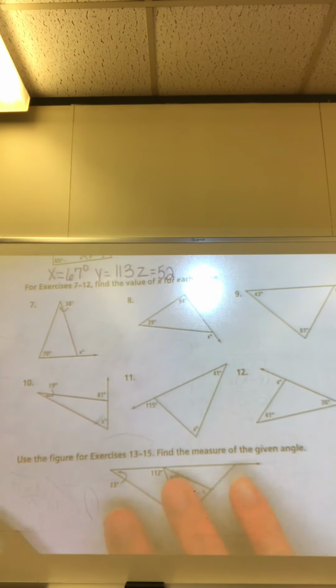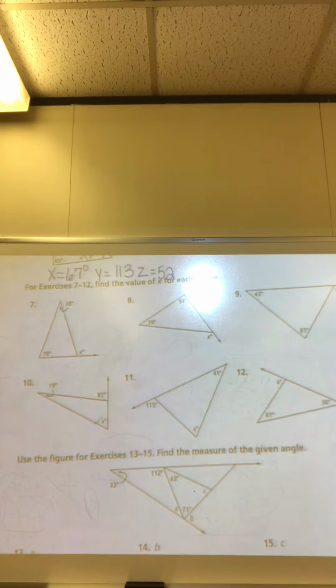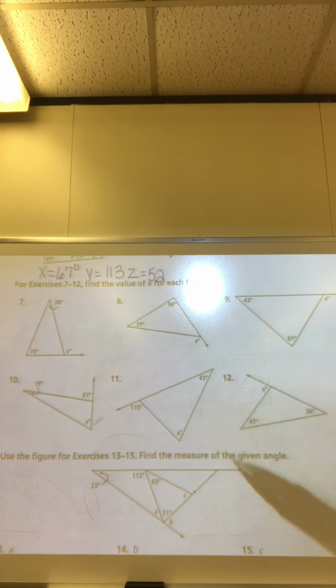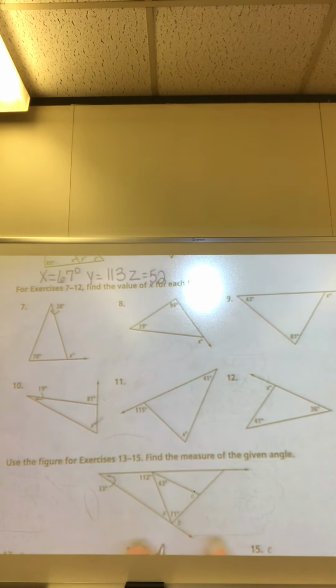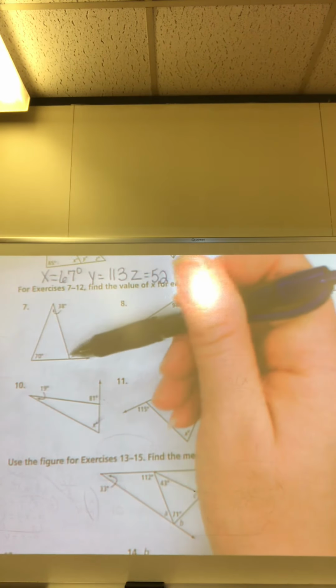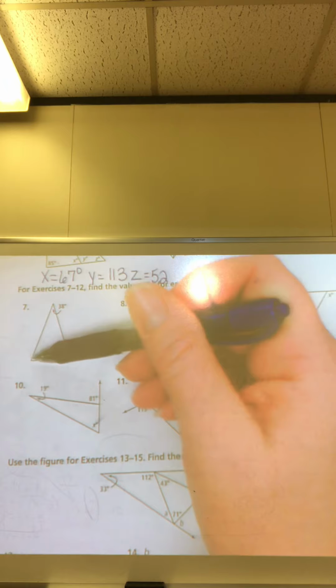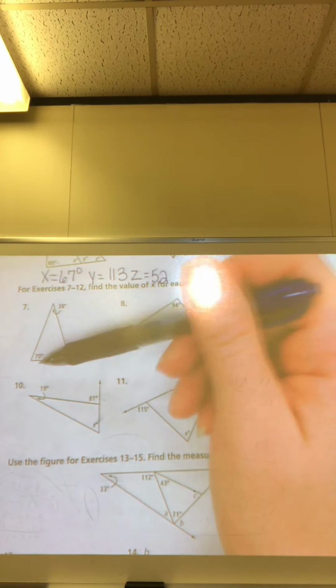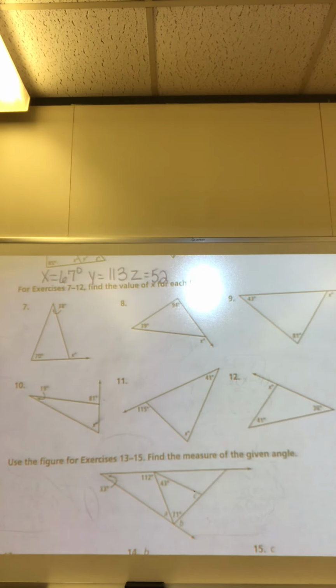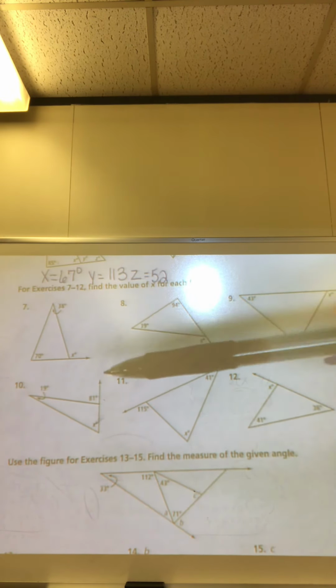Let's look at the next section. Down here, we have 7 through 12. With 7, these are exterior angles, 7 through 12. So you're going to follow the rule of, for example, number 7, x equals whatever 70 plus 38 equals, because those are the two remote interior angles. And you're going to do the same thing for numbers 8 and 9.